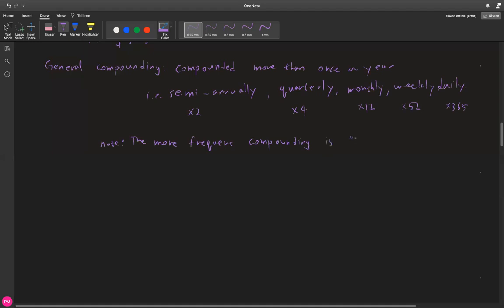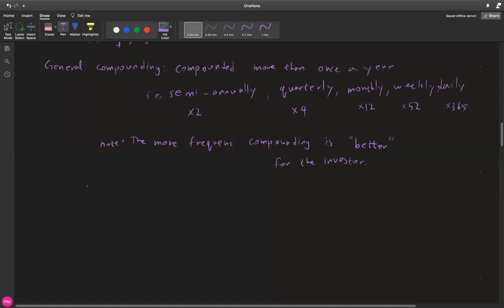I'm going to put a quotation there because people may have a different idea of what better is. So better for the investors. This is because if you compound more frequently, you actually yield more.